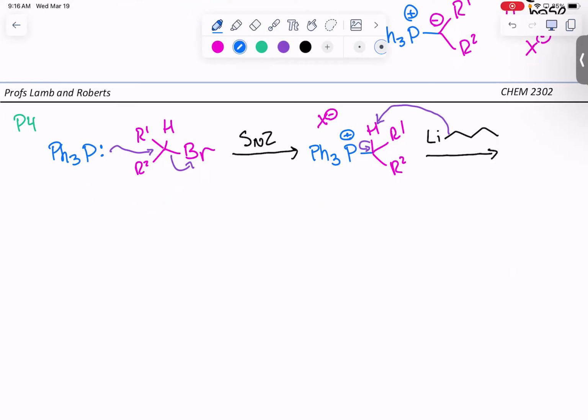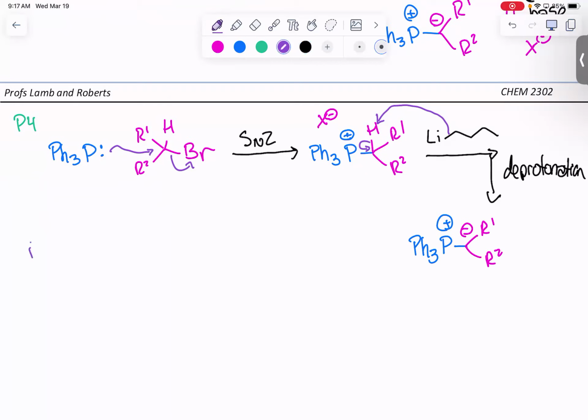All right, I'm going to draw this down so we have enough room. So now we get to our positively charged phosphorus, our negatively charged carbanion. So we can say that this is just a deprotonation. And this was enabled by having that positively charged phosphorus.